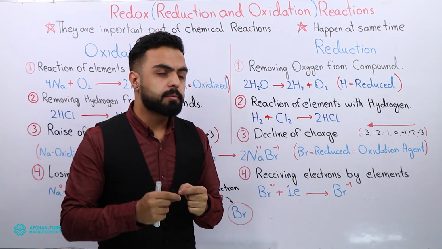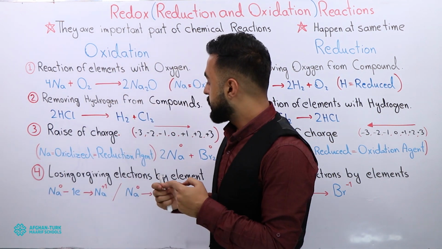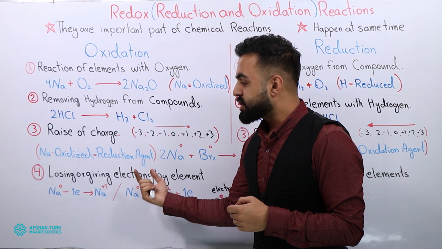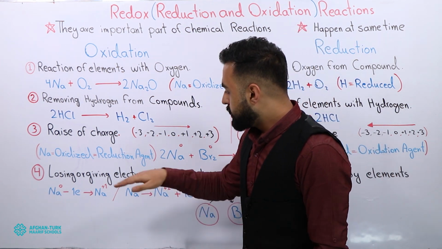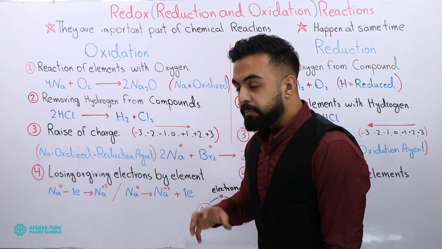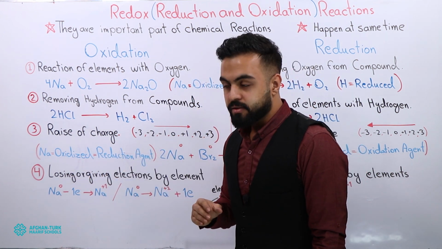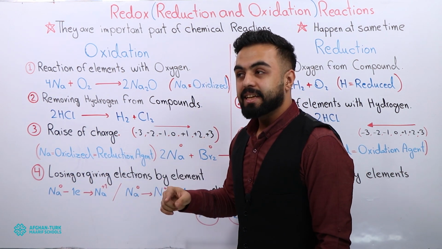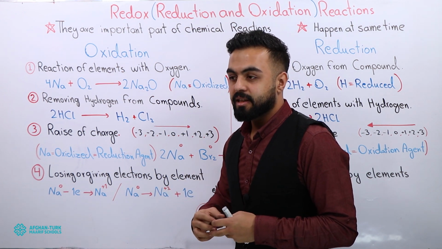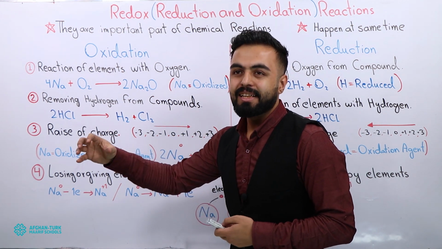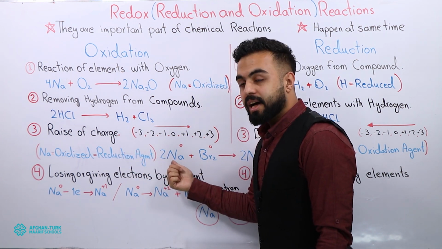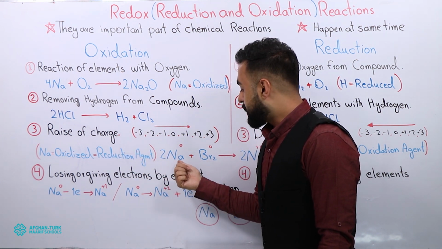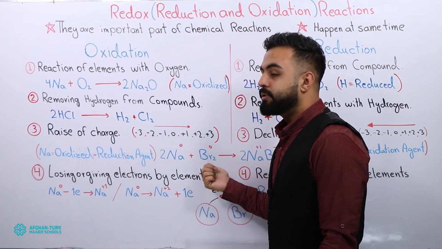There is another point. We have reduction agent and oxidation agent. What do these two words mean? When an element is oxidized, it causes the other element to reduce. For example, when sodium is oxidized, this sodium causes the bromine to reduce.